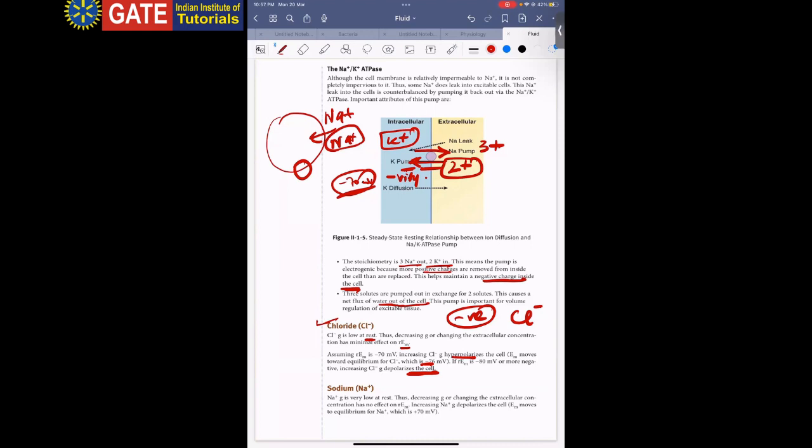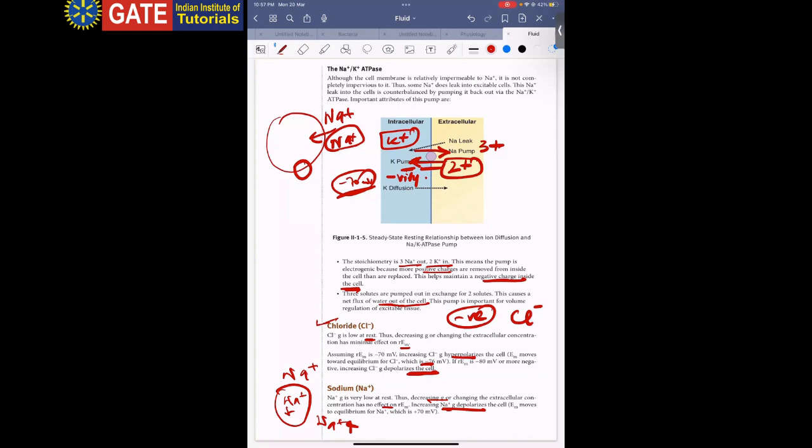Sodium, we know its conductance is also low at rest. So if you decrease the conductance of the sodium, or if you change the extracellular concentration of the sodium, it will have no effect on the resting membrane potential. But if you increase the conductance of the sodium, now the sodium will be moving, because inside the sodium is low and outside it is high.